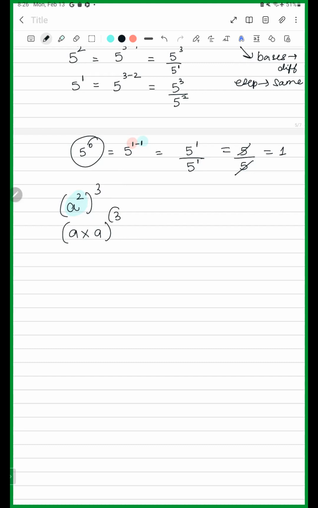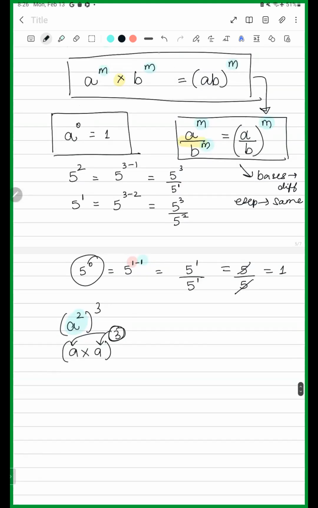That means this 3 is for this a also and this a also. Use this ये वाला रूल जो हमने यहाँ पे यूज किया है.